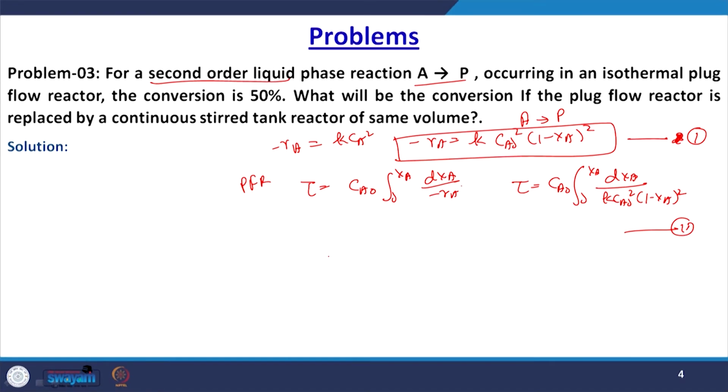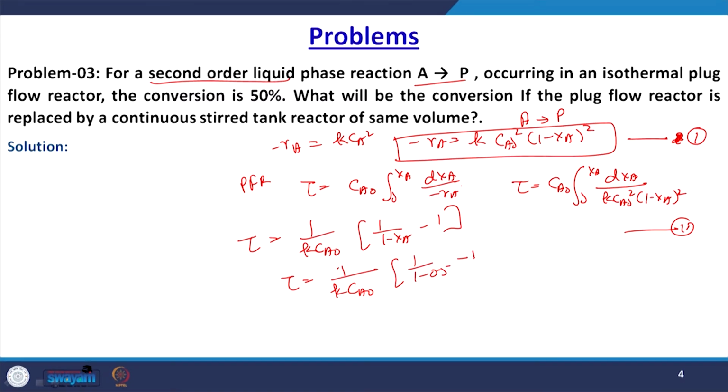So if we integrate this equation, then we have tau is equal to 1 upon k CA naught [1 upon (1 minus XA) minus 1], and tau is equal to 1 upon k CA naught [1 upon (1 minus 0.5) minus 1], that is equal to 1 upon k CA naught, and tau is equal to 1 upon k CA naught.